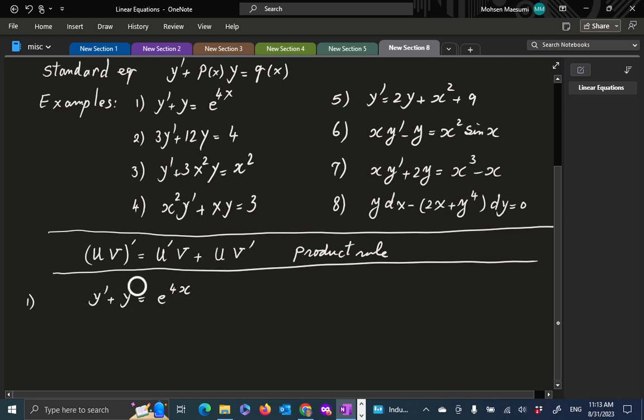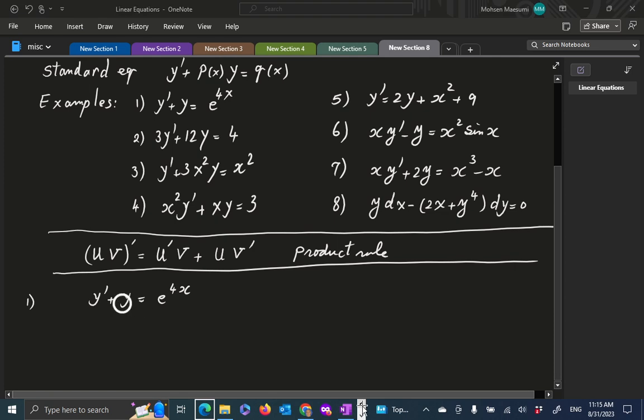So a function and its derivative show up. Well, the question is, what would be the missing component? What would be v and v prime in that case that will make this problem match against that? That is the challenge that we are facing right now.